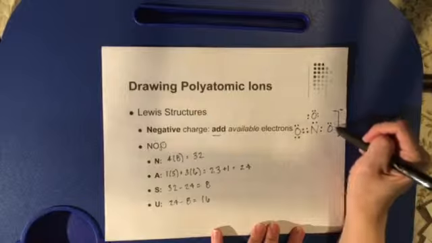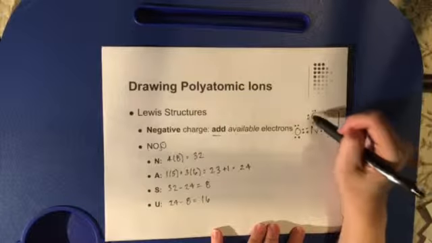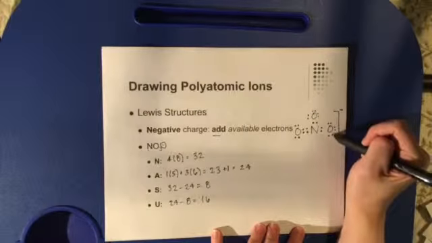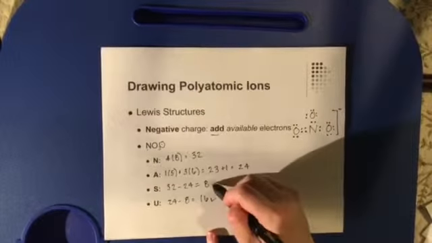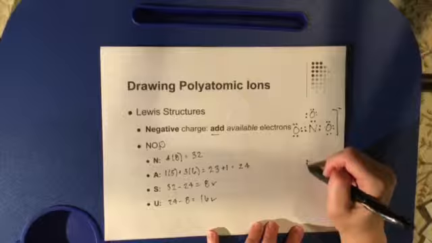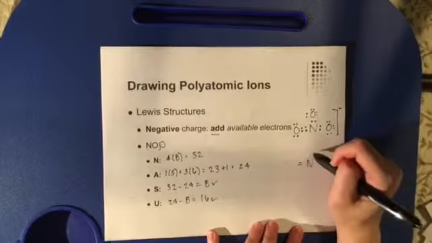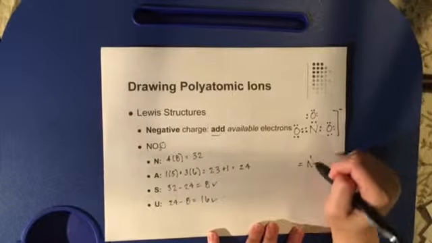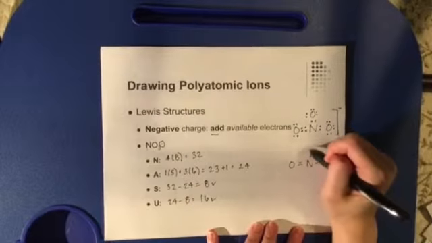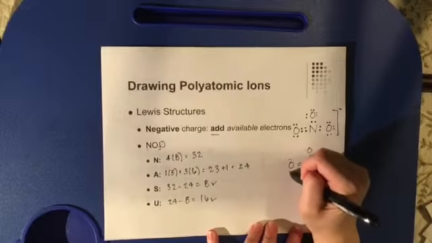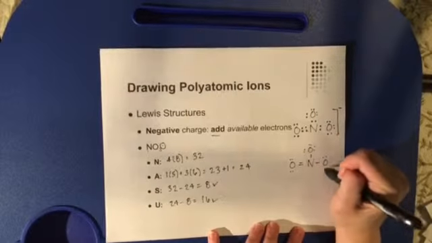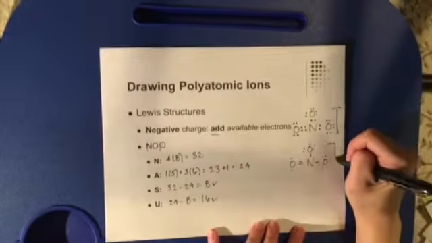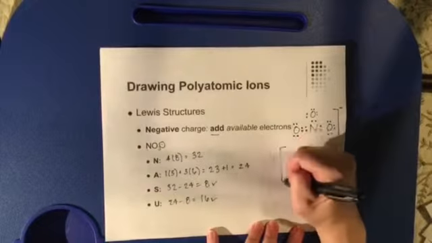This oxygen needs 6 more. So that should give us 6, 12, plus 4 is 16. Taking care of unshared and shared. And so this looks like this. Like that. And then brackets like that.